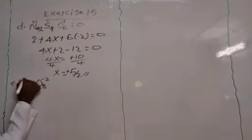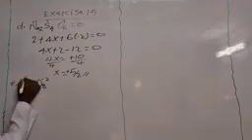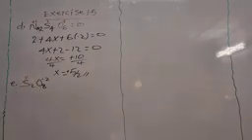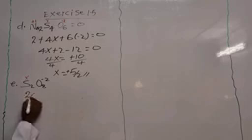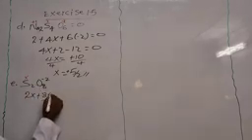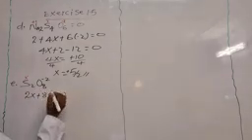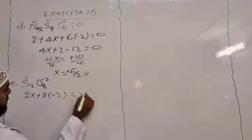Therefore, the sulfur oxidation number needs to be calculated here again. Therefore, 2 times X plus 8 times -2, where -2 is the oxidation number of each oxygen, is equal to the charge of the ion, which is -2.